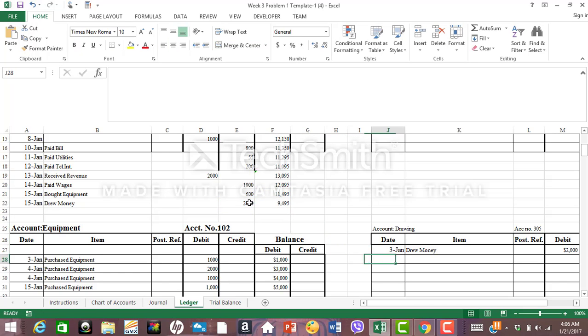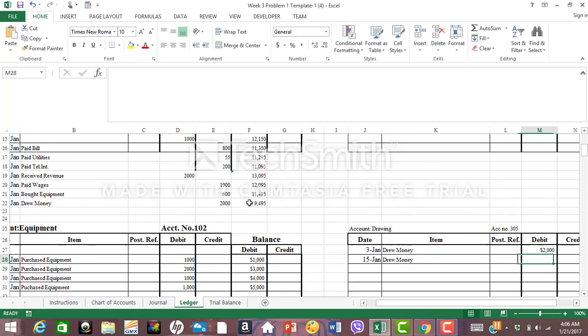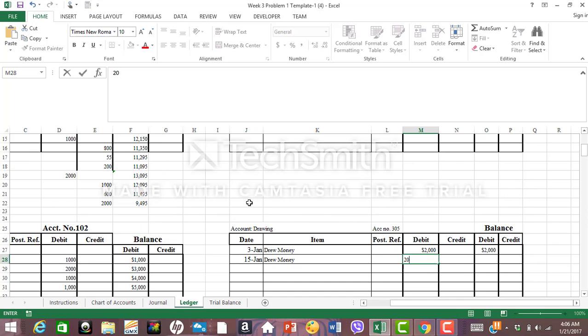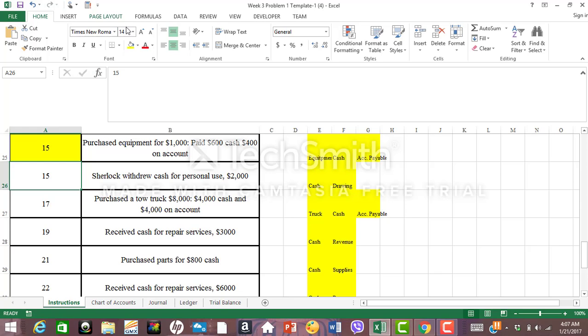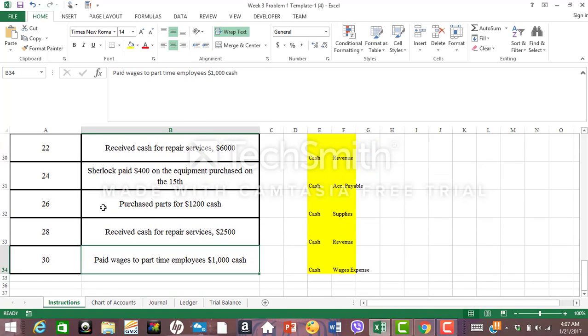We go to drawing. And they drew 2,000. So the new balance is this 2,000 plus the other 2,000. Okay, and we're done with the transaction. Okay, we have a lot more.